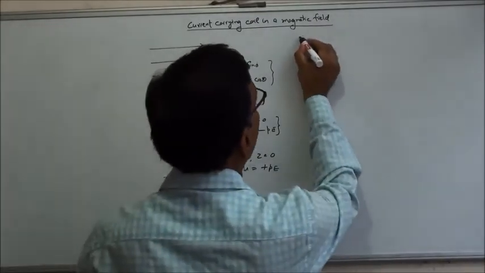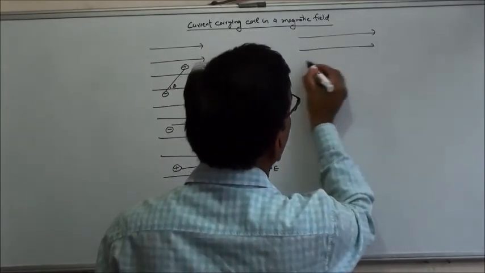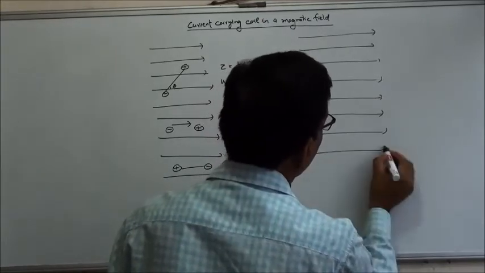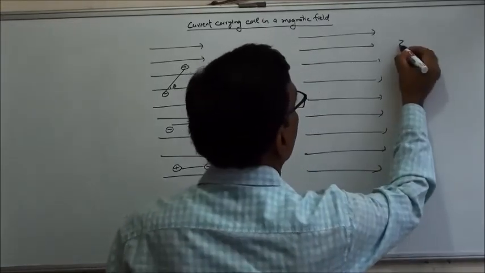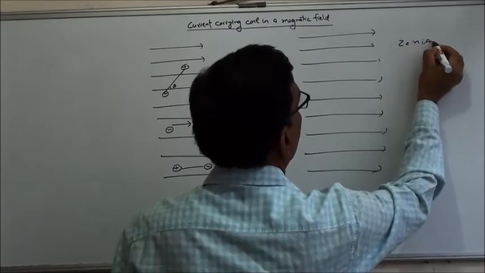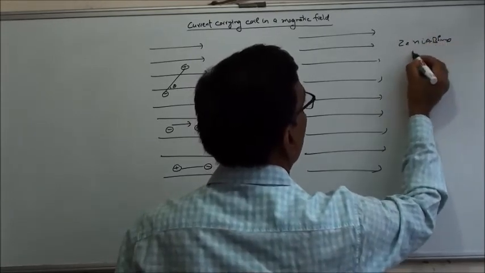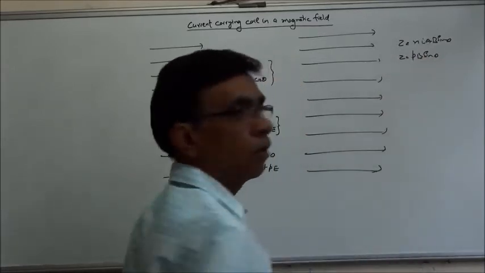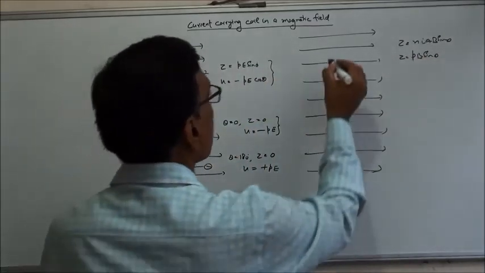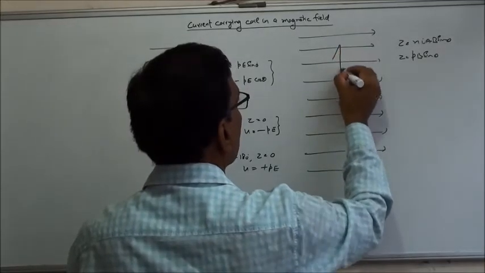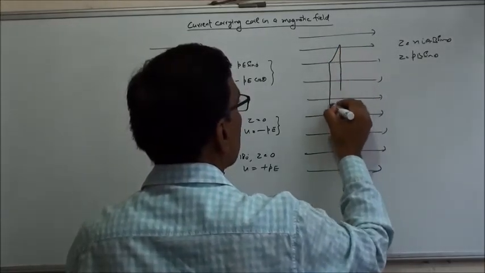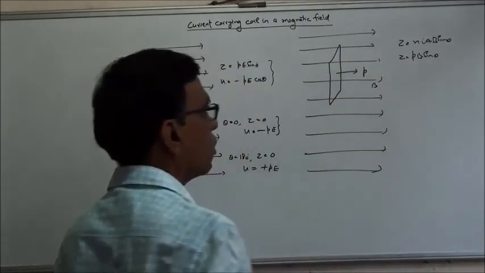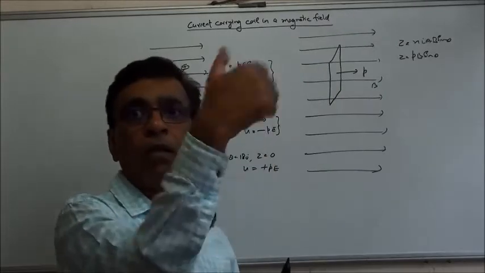Now, for the magnetic dipole, the coil that we have done, torque is NIAB sin theta or PB sin theta. This is the torque that is acting. Theta 0 means P and B are in the same direction. How do we find the direction of P? Right hand curl rule.